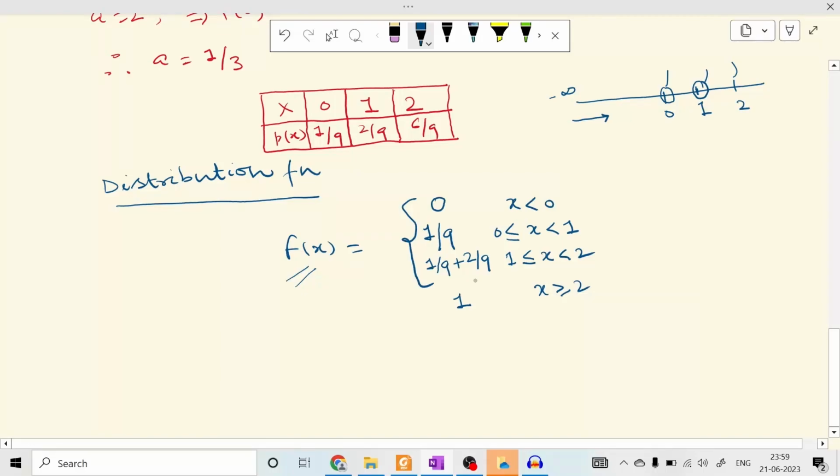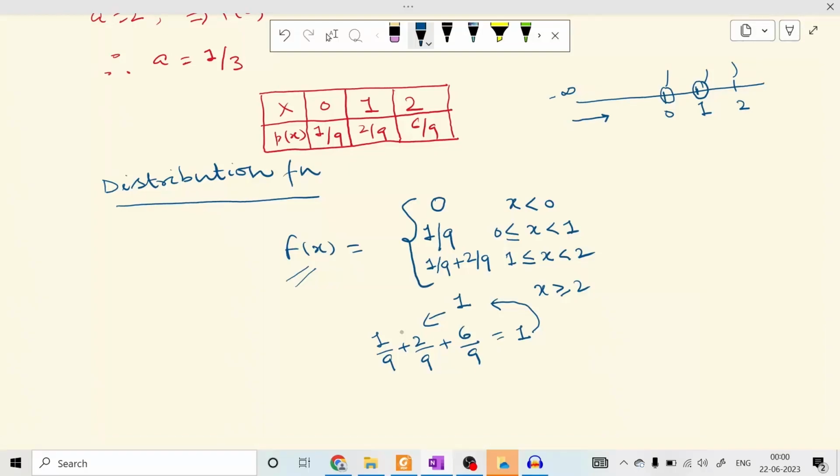You can also write this 1 as 1 by 9 plus 2 by 9 plus 6 by 9, because this is the total probability available from the point x is equal to 2 onwards. So this comes out as 1, which is written here. This is how we can calculate the distribution function of a discrete random variable.